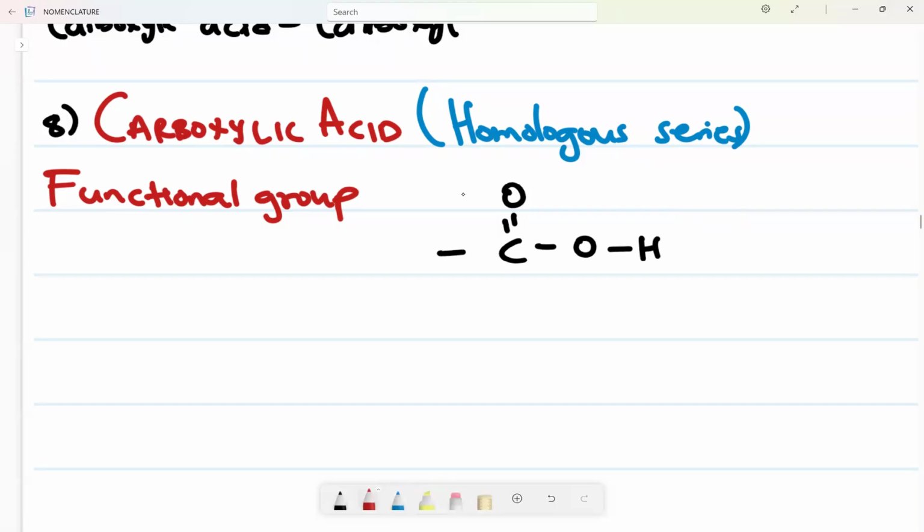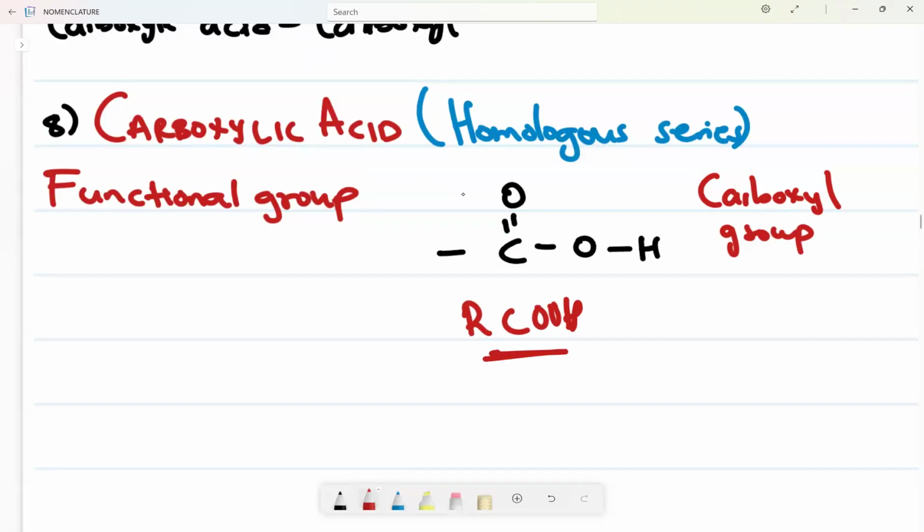The functional group's name is not carbonyl, it is carboxyl or carboxyl group. Now, we normally say it is RCOOH. So the R can either be a halogen or a substituent, but you just see it.